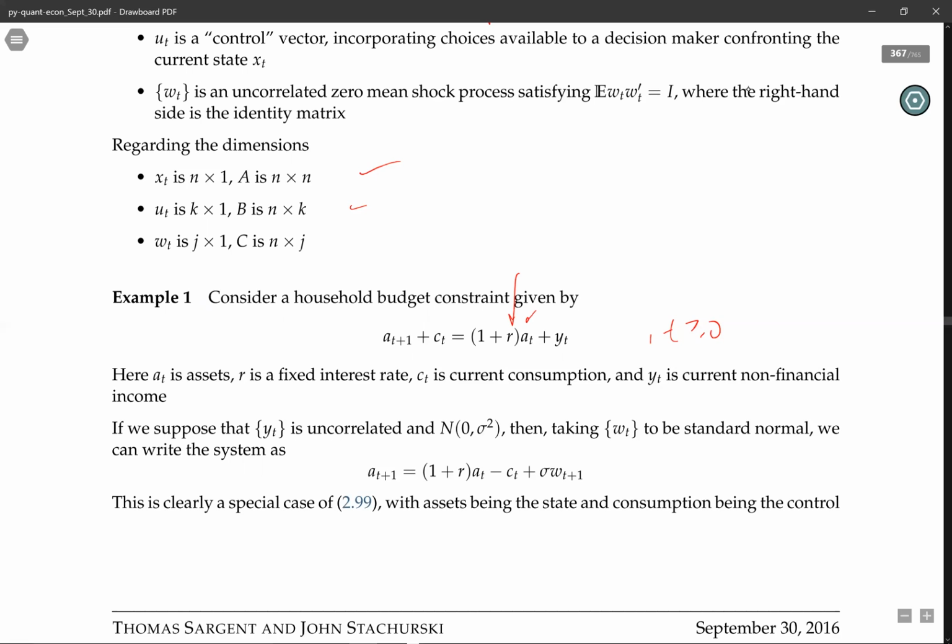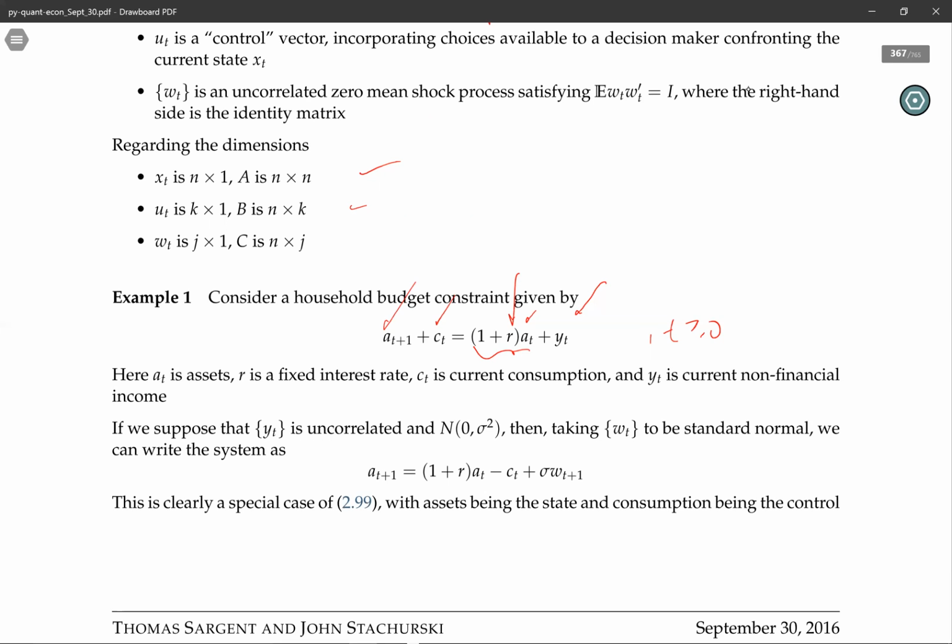So these are the interest earnings plus the original value of its assets. And then yt is going to be some additional non-financial income that it gets. So A is your asset level that you came in with. yt is your non-financial income. And what can you do with that? Well, you can consume, or you can save, or you can borrow. If assets are negative, that means you owe something.